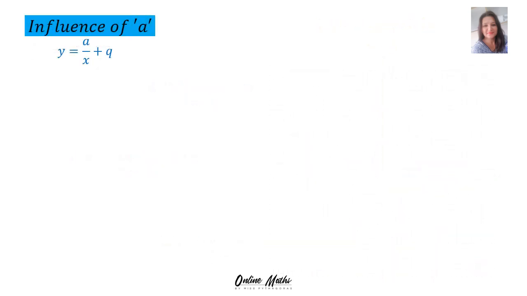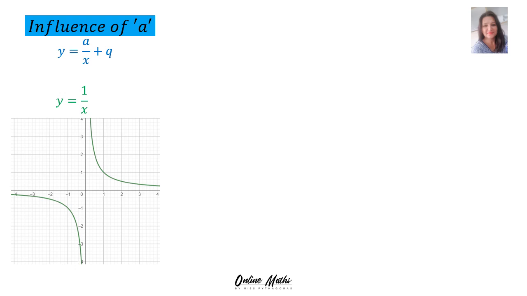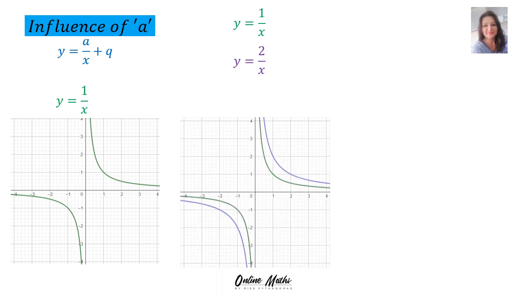Now, I will discuss the influence of a. First of all, there's the basic graph y is 1 over x, and a is positive, so we know this will be the graph, living in the first and the third quadrant. Let's investigate a now. On top of that graph, let's sketch the graph y is equal to 2 over x on the same system of axes, and then you find that.